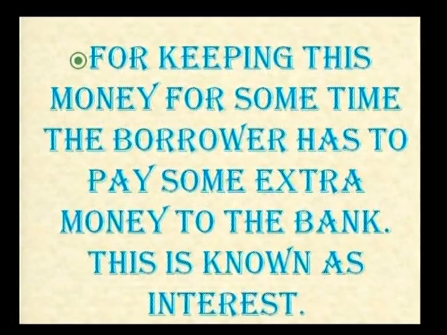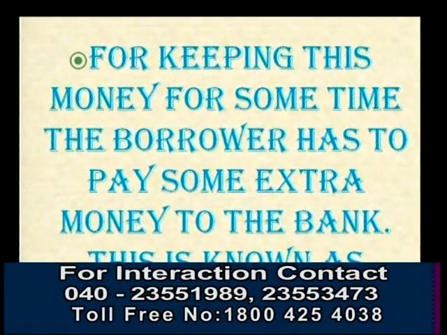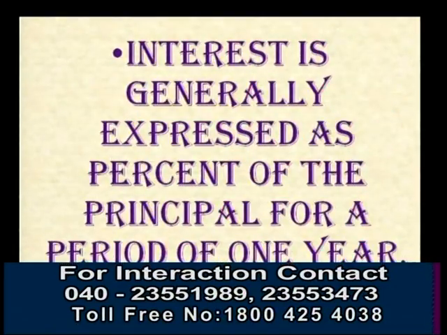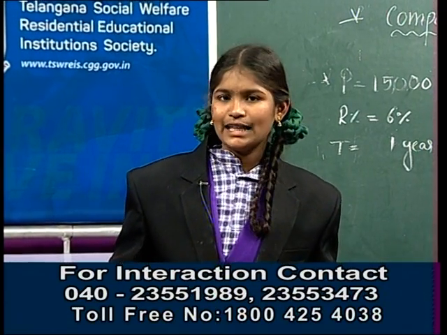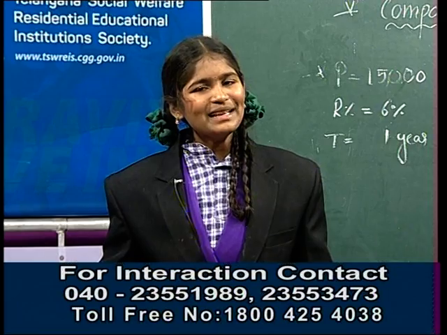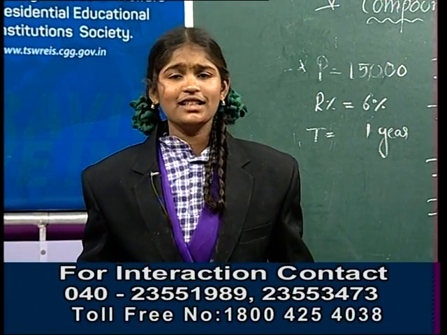For keeping this money for some time, the borrower has to pay some extra money to the bank. This is known as interest. Interest is generally expressed as a percent of the principal for a period of 1 year. The amount to be repaid is equal to the sum of the borrowed principal and the interest, that is, amount equals principal plus interest.